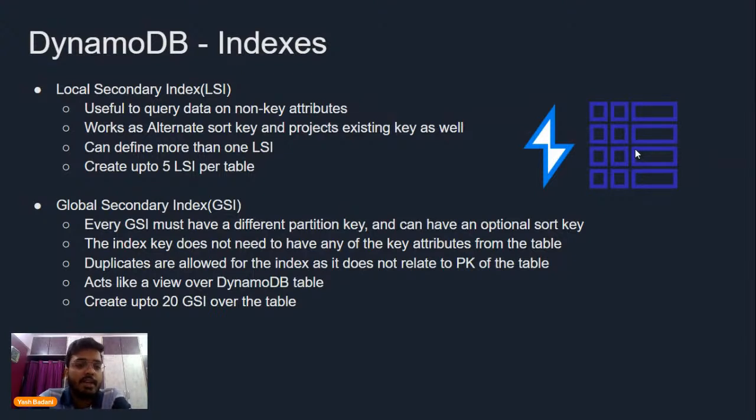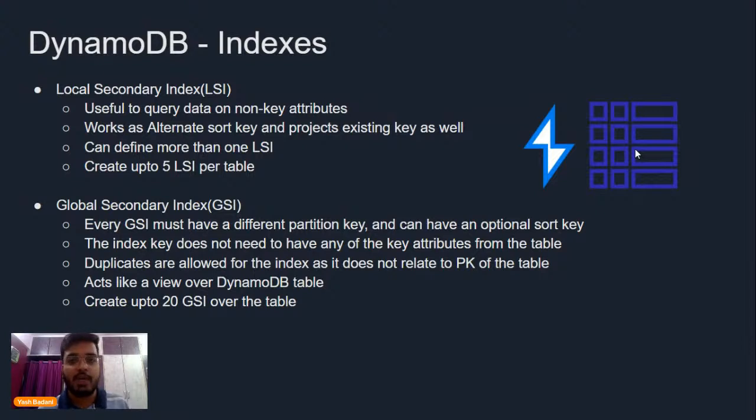So a local secondary index is useful to define that additional level of indexing, right? You already have partition key and sort key, which will give you a good level of performance. So what if you want to also filter upon another column which has high cardinality? In that case, you can use a local secondary index. You can say that it works as an alternate sort key, and it of course projects your existing keys as well.